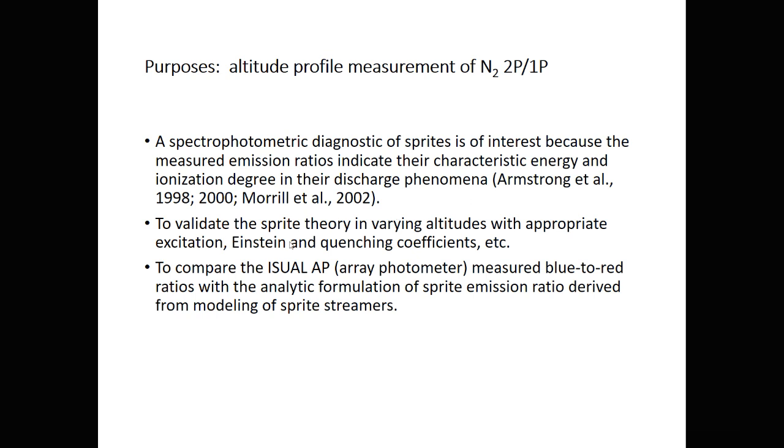To validate the sprite streamer theory at different altitudes, with approximate exciting rate, ionization rate, the Einstein rate, the quench ratio and others, we use our observation results of blue and red emissions in sprites to derive the electric fields using the sprite streamer theory.